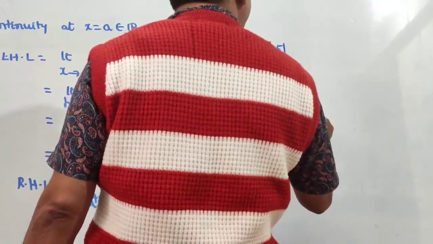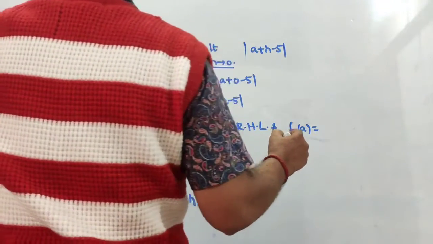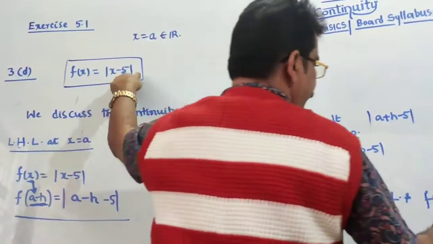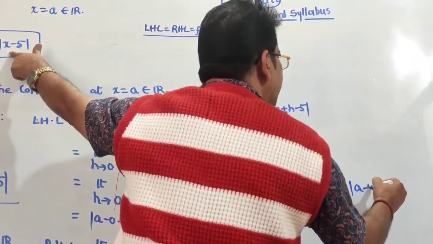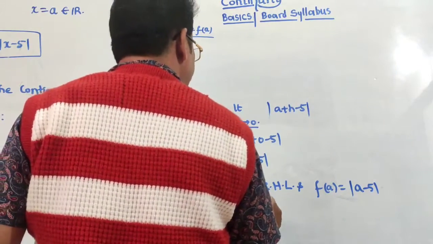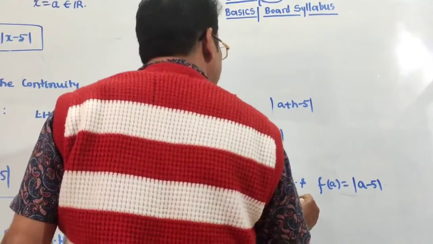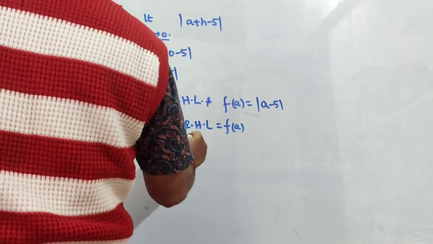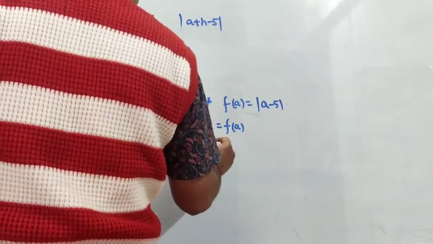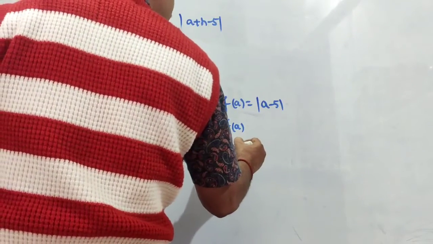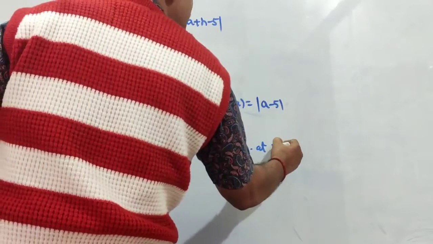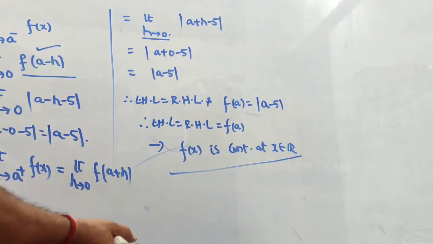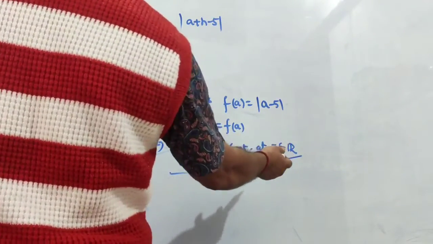And what is f of a? f of x equals modulus of x minus 5, so f of a equals modulus of a minus 5. Therefore, left hand limit equals right hand limit equals f of a. So it follows that f of x is continuous for x belonging to any real number.